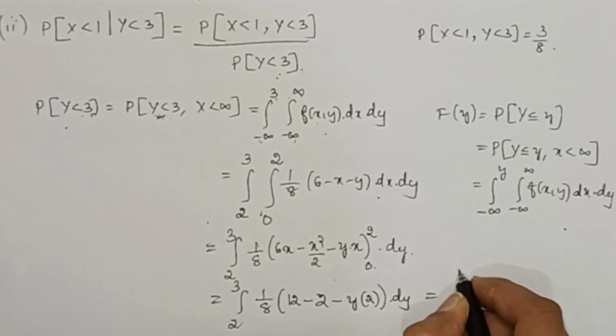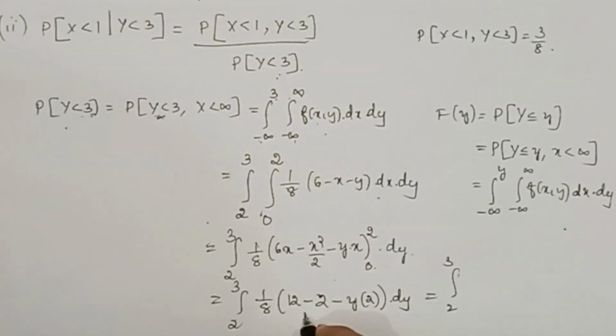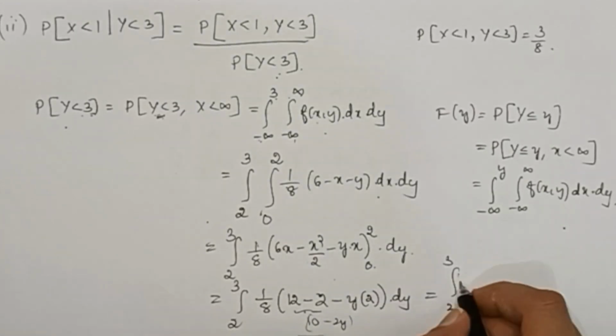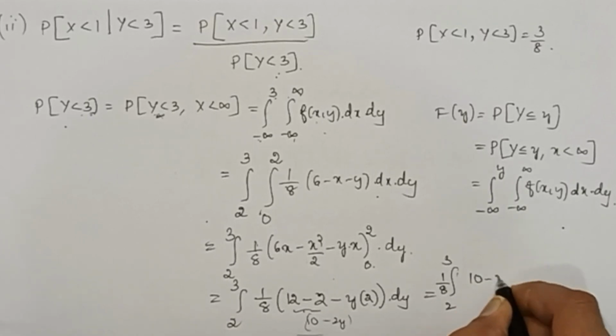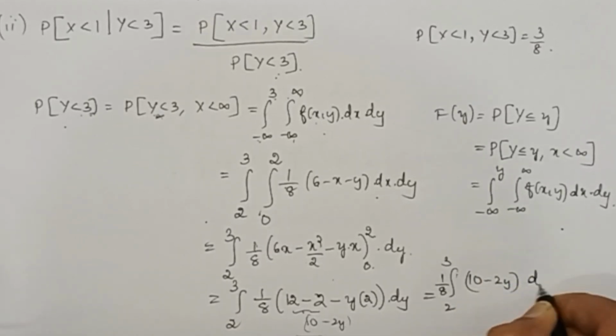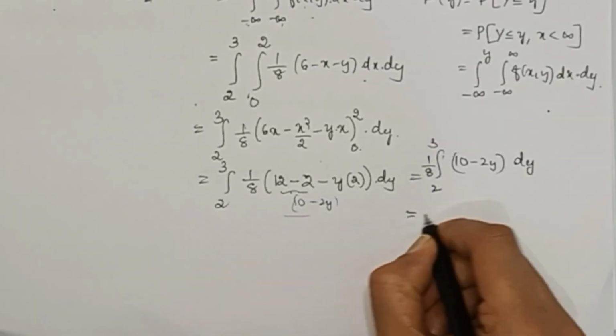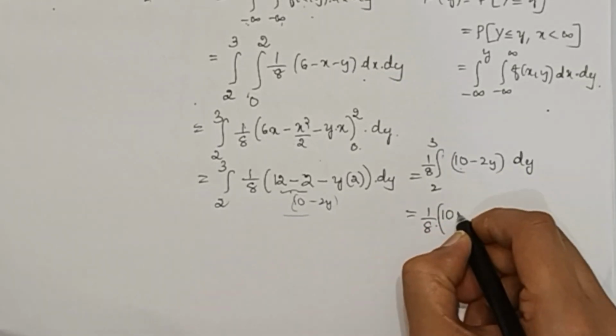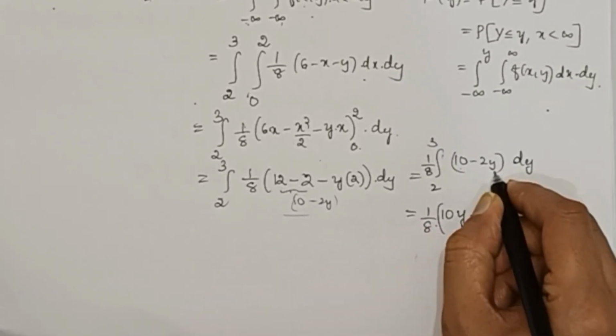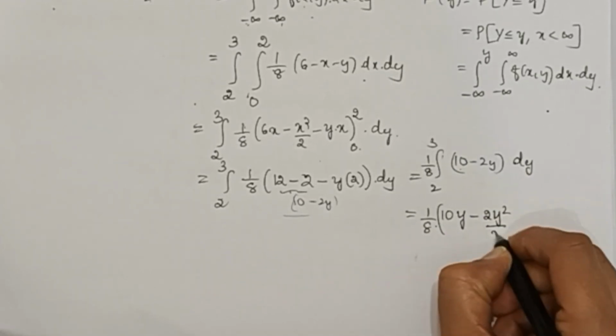So this is equal to the integral from 2 to 3. This is (10 minus 2y) divided by 8. So you can keep that 1 by 8 outside. Then you have 10 minus 2y with respect to y. So this is equal to 1 by 8 into 10 is a constant. Integral of 1 with respect to y is y, minus 2 into integral of y with respect to y is y square by 2.